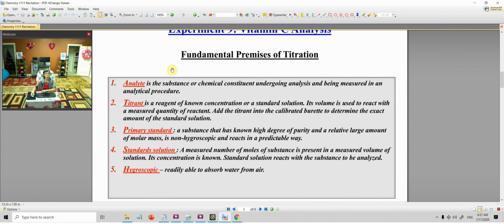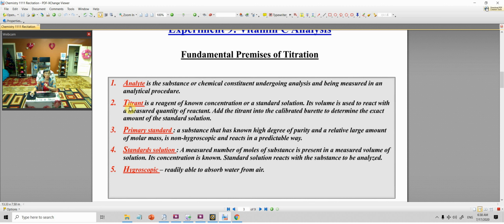I also want to recall several fundamental terminologies during your titration: analyte, titrant, primary standard, standard solution, and hygroscopic. The analyte is the substance which you are going to study, the chemical component which is going to undergo analysis and be measured in your analytical procedure.